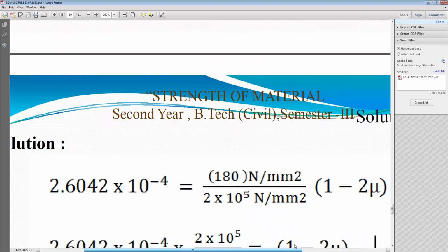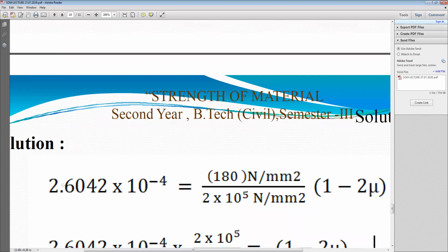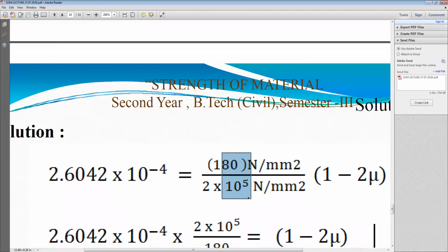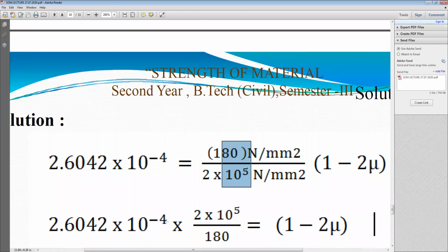So next step, let us carry out. 2.6 into 10 to minus 4 is equal to 180 divided by 2 into 10 to 5 Newton per mm square. Newton per mm square will get cancelled to each other. Then we can get the quantity like that: 2.6 into 10 to minus 4 into 2 into 10 to 5 divided by 180 is equal to 1 minus 2 mu.